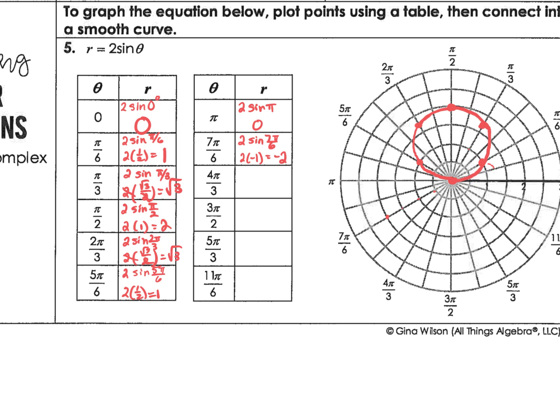Oops, sorry, having a rough day here. It's not 1. Sine of 7 pi over 6 is -1/2. So it'd be 2 times -1/2, which is -1. So at 7 pi over 6, it would be -1, but then we would have to take it around, and look, it ends up back here again. So if I were to do these at -1, I would see it was here.